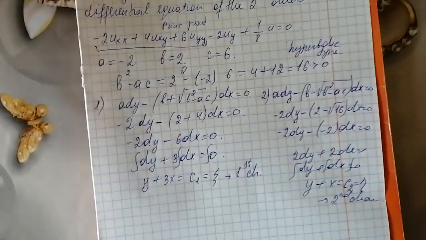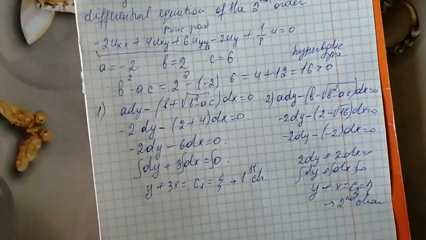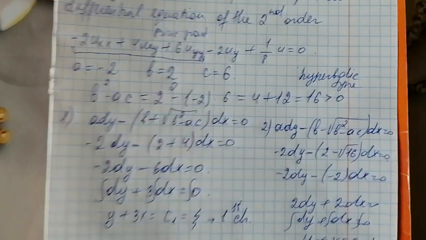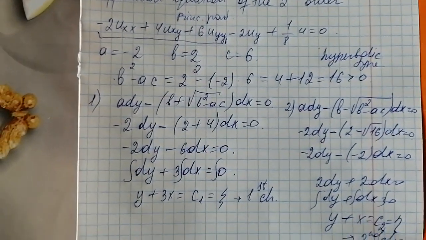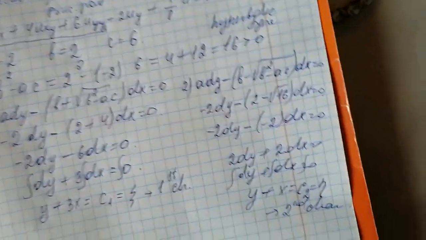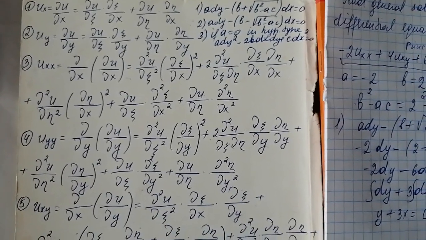You know that we found two characteristics of hyperbolic type of equation, but it is not the end, because we have to find general solution of hyperbolic type of equation. In order to find it, let's use some formulas, and these formulas we will find from these equations.